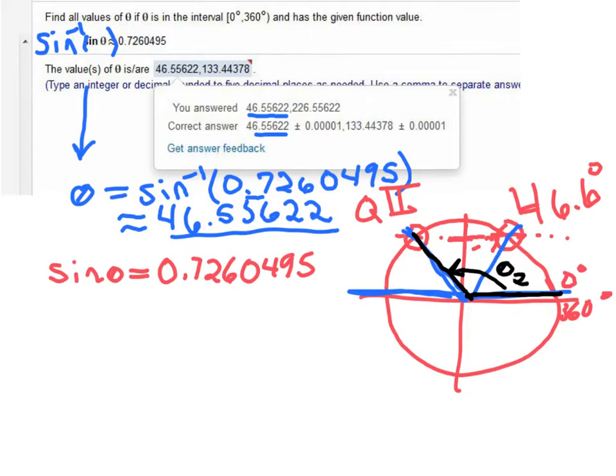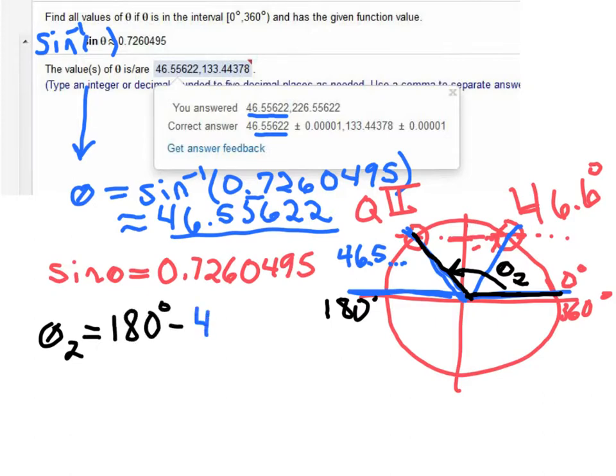So to find that angle in black, it looks like we should take a straight angle, 180 degrees, and subtract our reference angle over here, the 46.556. And that's where you should get that second solution. So theta 2 is equal to 180 degrees minus the angle we just found, 46.556.